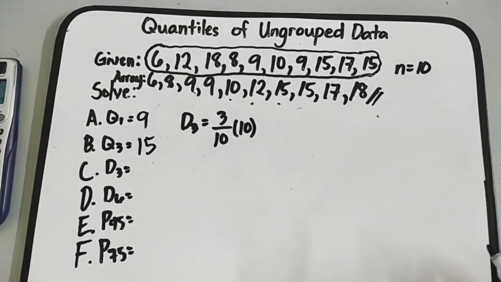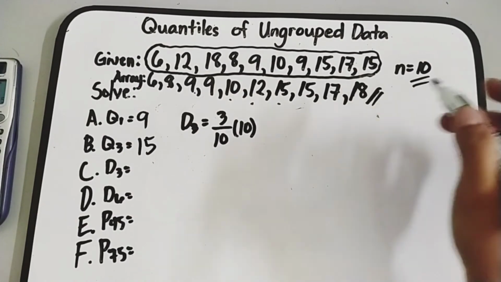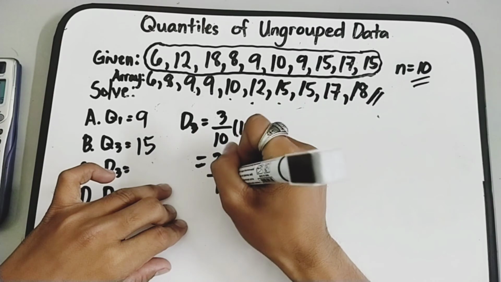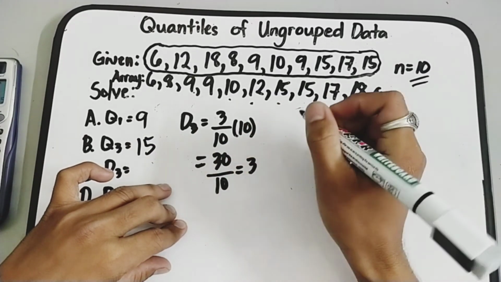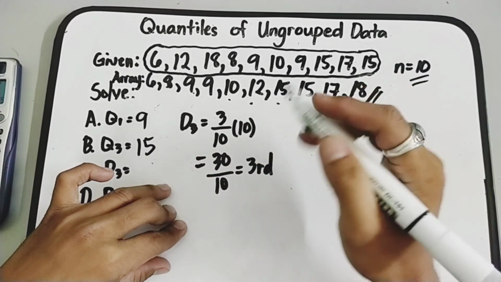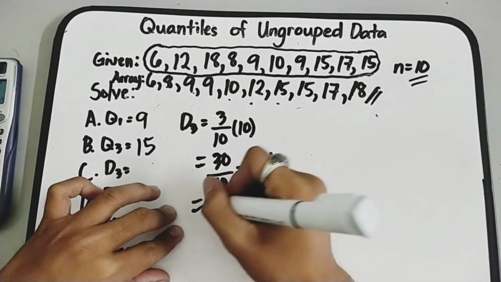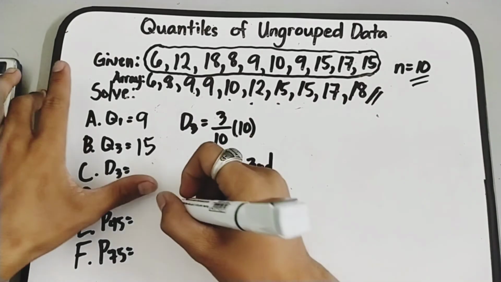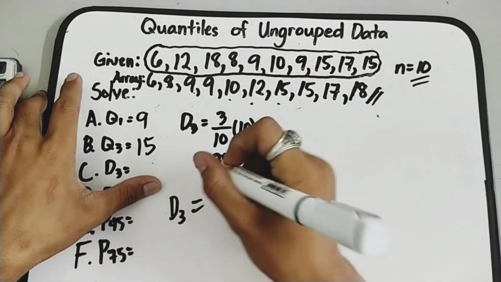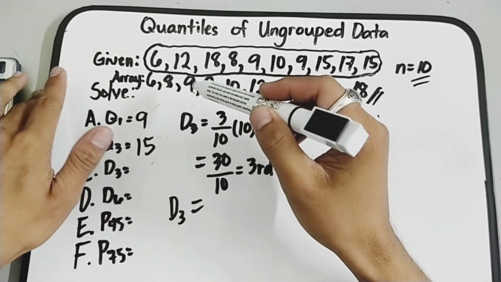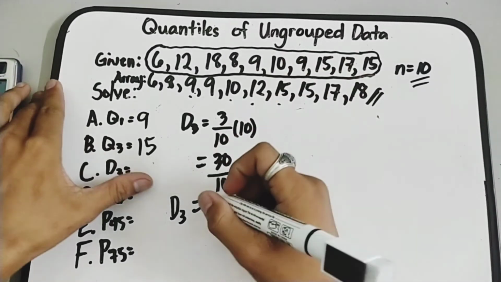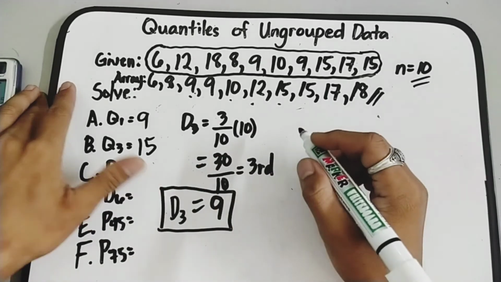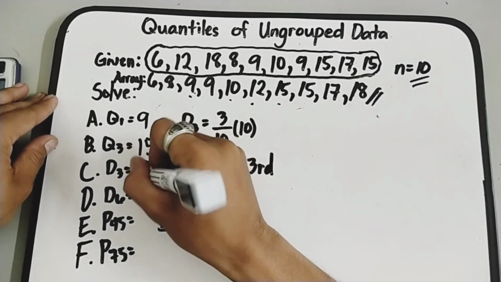Kasi nga po, our sample is 10. Next, we have 30 over 10 is equals to 3. Therefore, it is the third in the given data set. So, alin ba dyan yung pangatlo? Therefore, our decile 3 is yung 9. Okay? 9 kasi siya yung pangatlo.